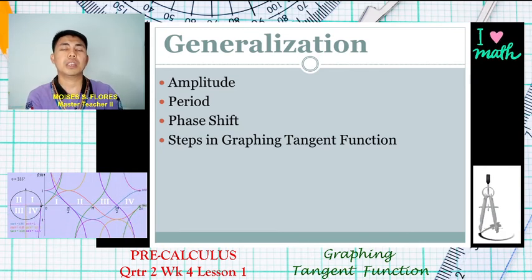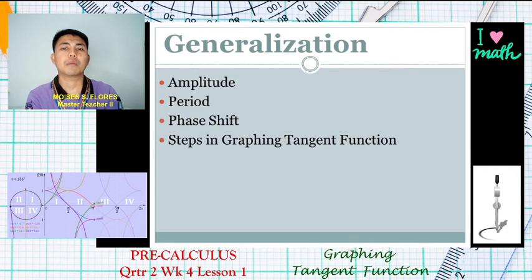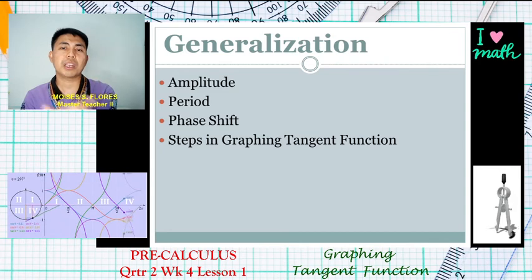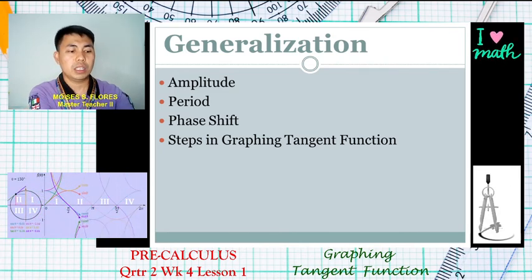Afterwards, we are ready to connect a curve after plotting. Bear in mind also that our graph for tangent has asymptotes that it would not pass over, and if we want to extend it, it's just a matter of copying the pattern to the right and copying the pattern to the left.